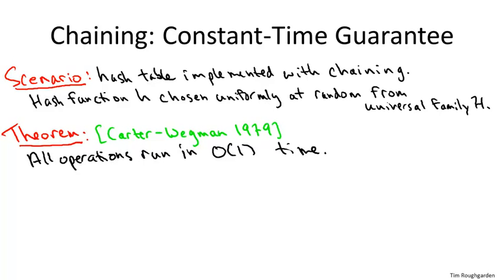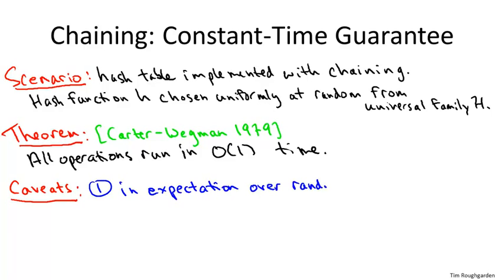As always with hashing, there is some fine print, so let me just be precise about what the caveats of this guarantee are. So first of all, necessarily this guarantee is in expectation. So it's on average over the choice of the hash function little h. But I want to reiterate that this guarantee does hold for an arbitrary data set. So this guarantee is quite reminiscent of the one we had for the randomized quicksort algorithm.